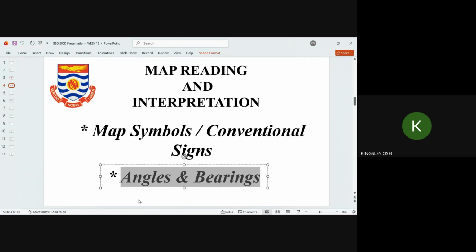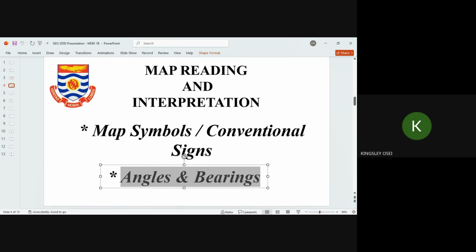So, like I said, an angle is the measurement of the arc between two intersecting lines. We also call it two intersecting directions. So you see that the arc is the turn between two lines.